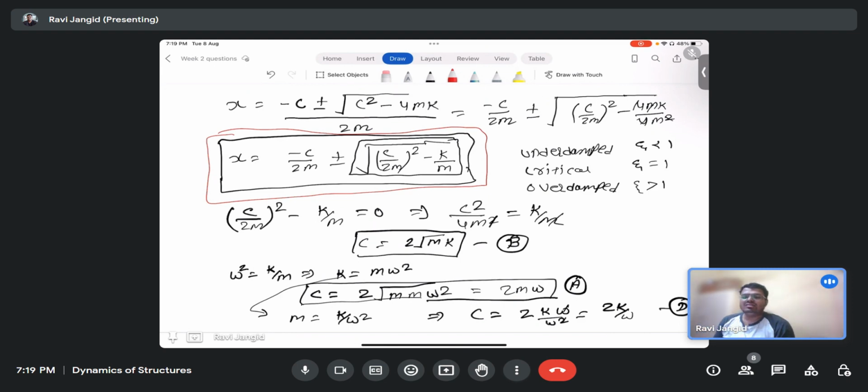So when will my system be critically damped? When this term under the root is zero.